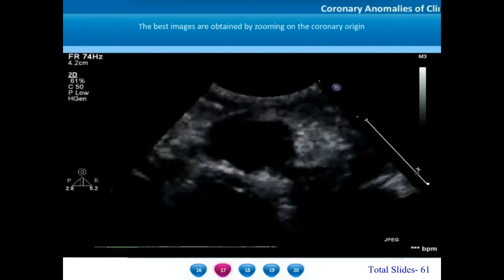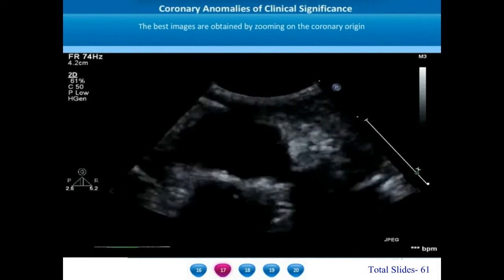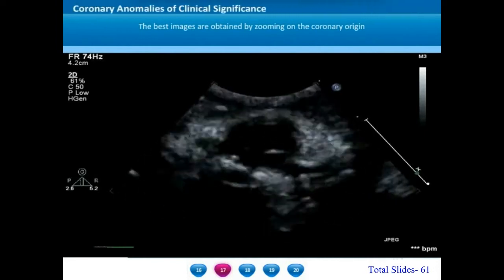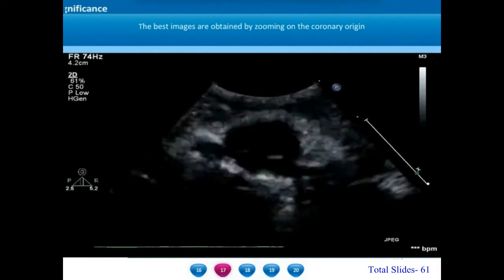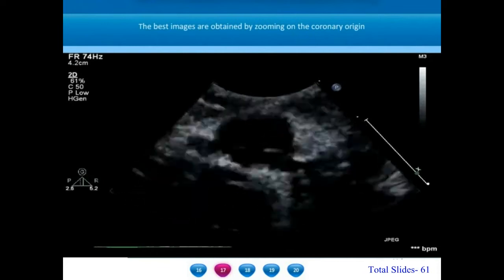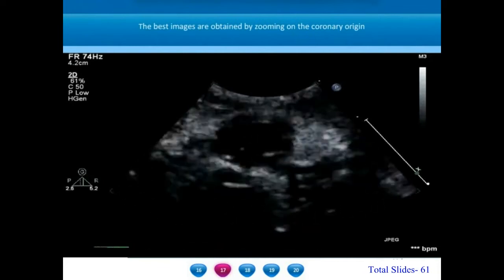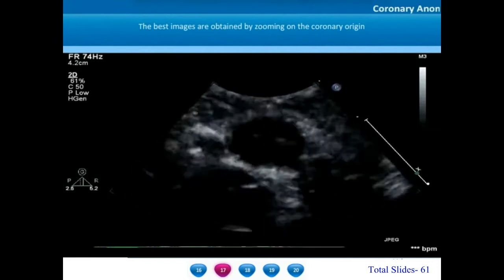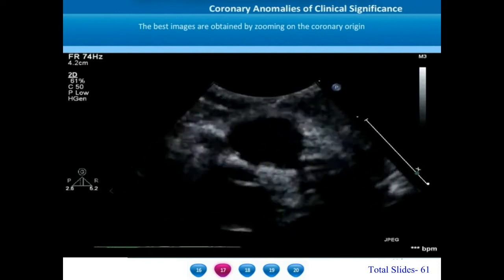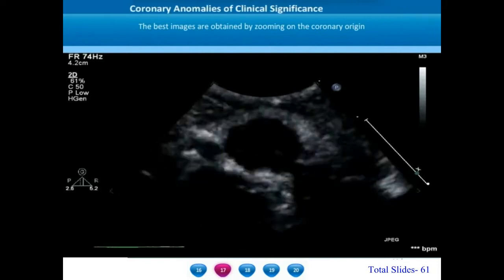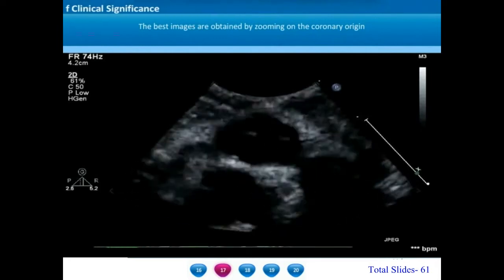The best images of ALCAPA are often obtained after zooming on the coronary origin. Once you go on to the parasternal short axis view, get a small area of the pulmonary sinuses and the aortic sinuses zoomed to a magnified view, and here you will be able to nicely illustrate the left coronary artery origin from the posterior sinus of the pulmonary artery.